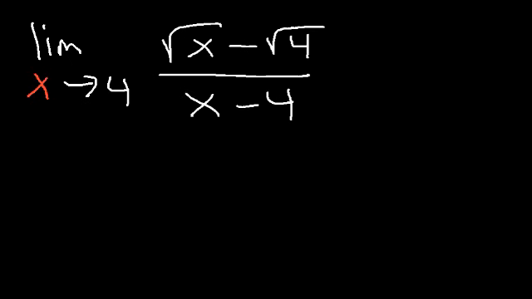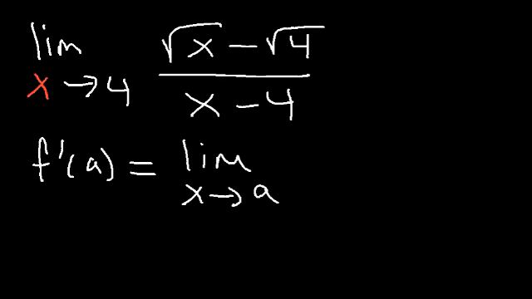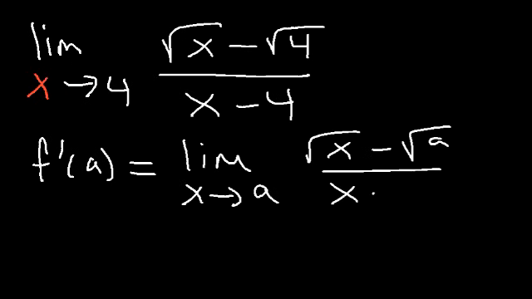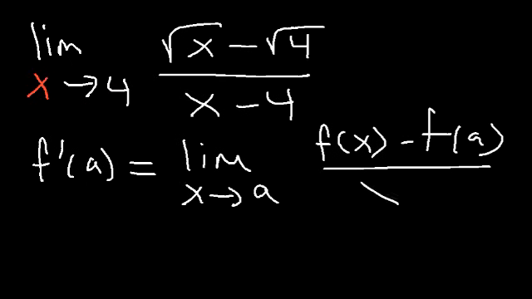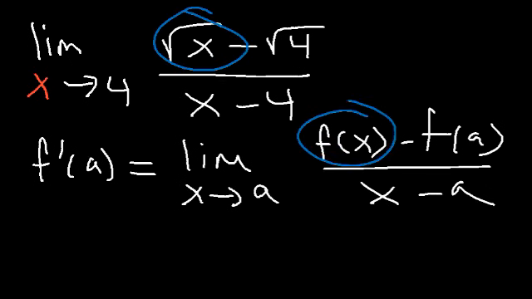But if you realize that this equation comes from this expression, I have to fix it. This is supposed to be f of x minus f of a over x minus a. So you can see that the function is radical x. So if f of x is equal to the square root of x, you can use the power rule to find the derivative.